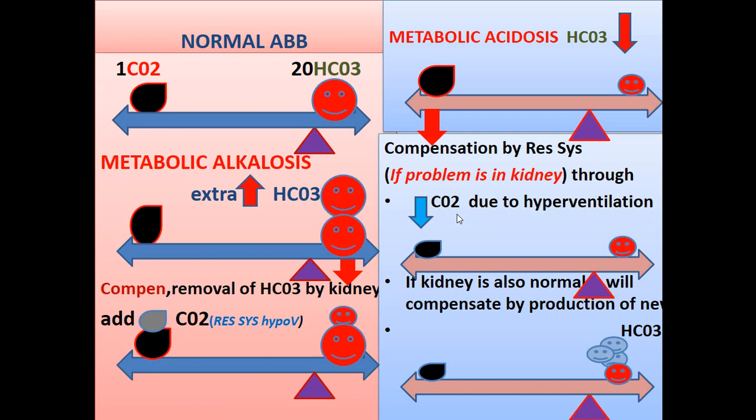For example, if your metabolic acidosis is due to a problem in the kidney, then your respiratory system will compensate for it through hyperventilation. But if the kidney is normal, like in diabetic ketoacidosis, then they will compensate by the production of excess bicarb. So metabolic acidosis is due to two reasons.